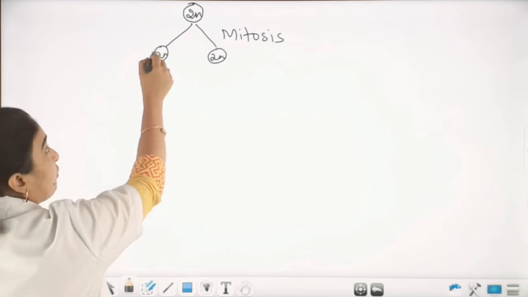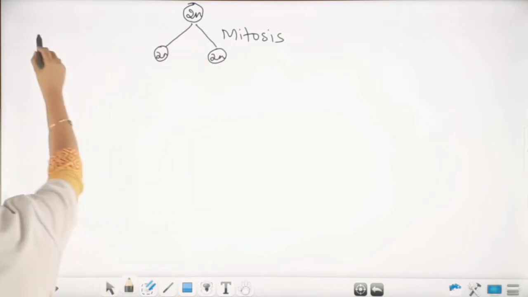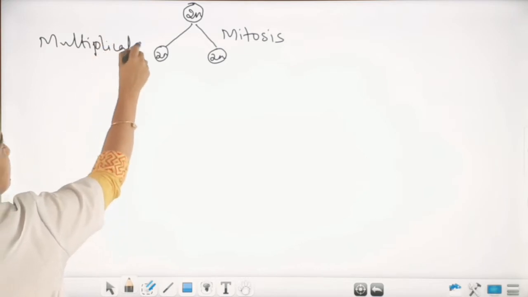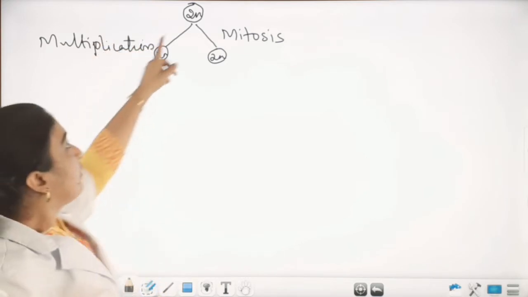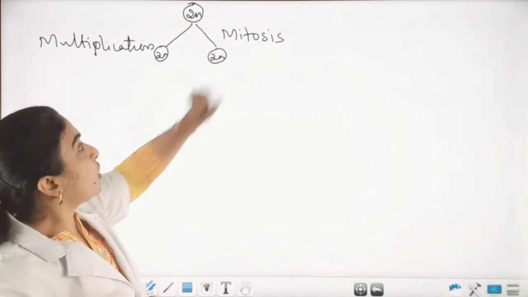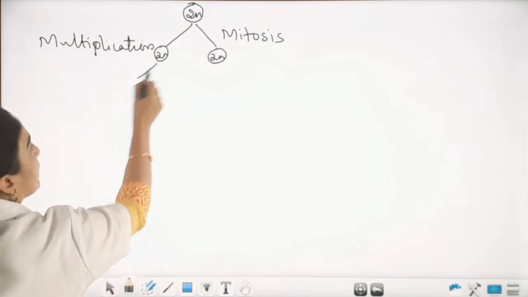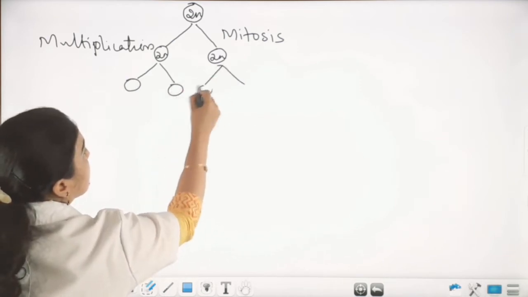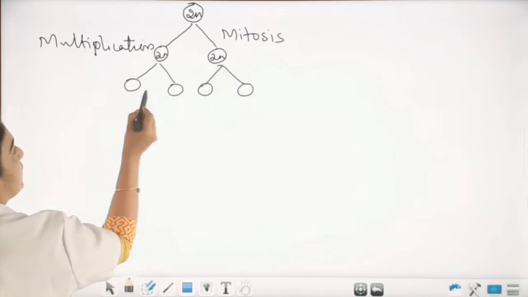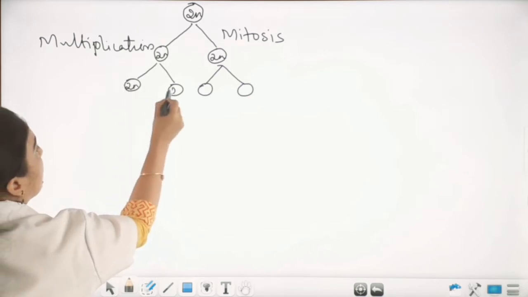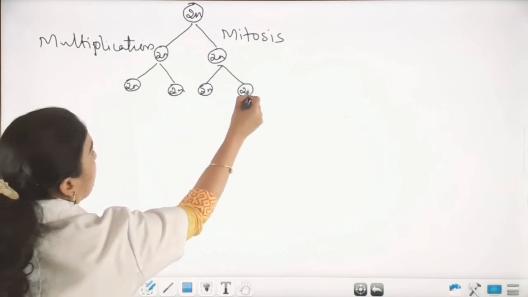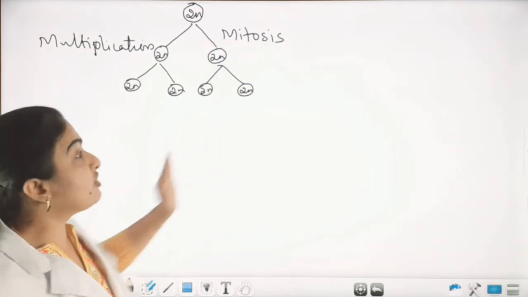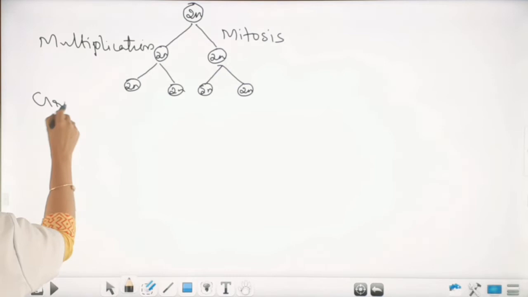So it has 46 chromosomes, here also 46 chromosomes, and this phase is the multiplication phase. So the oogonium undergoes mitotic division to form several oogonia. So this multiplication continues to form several oogonia. All are diploid in nature, and this gets into the next stage, that is the growth stage.